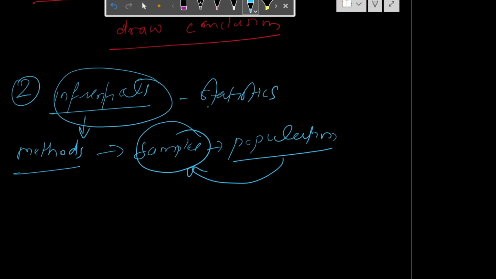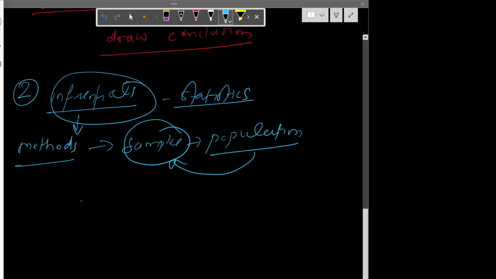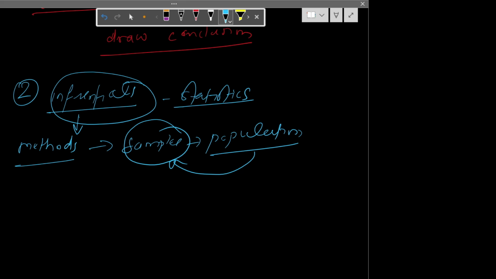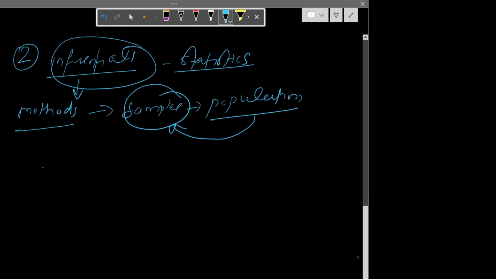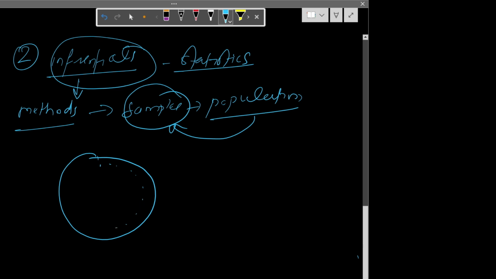Very simple. Now let's understand it with an example. Before beginning, we will discuss the population first. So what is a population? In statistics, suppose this is the area, and the collection of all the elements, as we previously said, the elements are the students in a class.